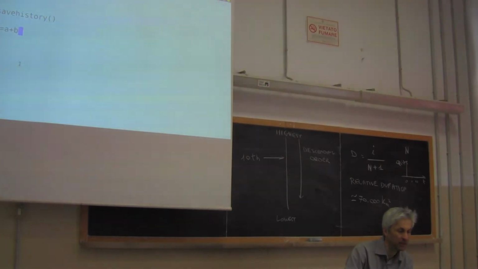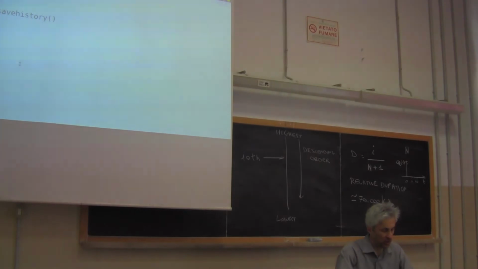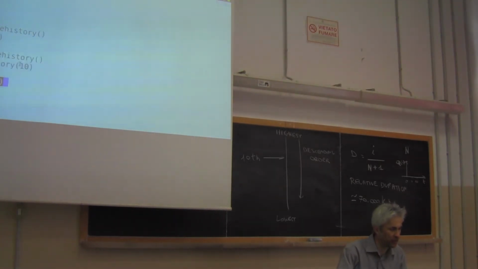These are my previously stored instructions, including some that were saved in another session. If you want to list them, be careful about capital letters. For instance, I want to list 10 of them. This is my history of the past 10.